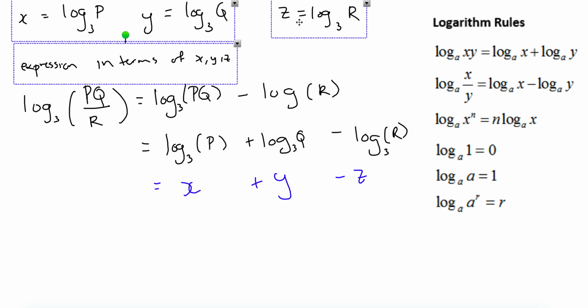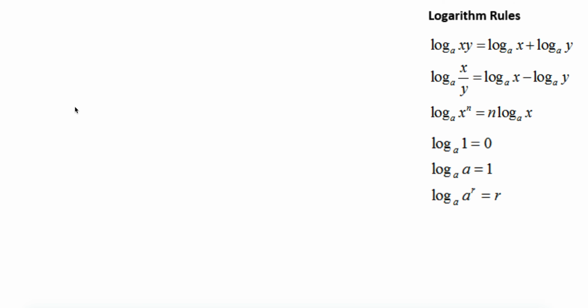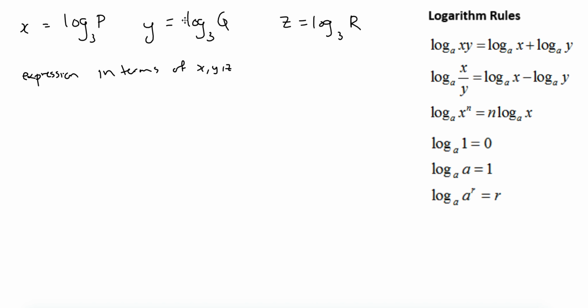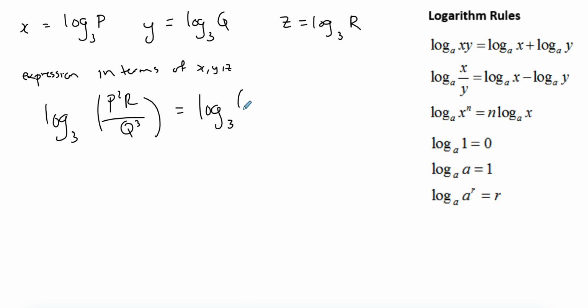So just one last example on these. If I have the same rules, but now I need to simplify log base 3 of p squared r over q cubed, and splitting them up as we've done before, then log of 3q, and then I use the third rule where I change the power to a coefficient.